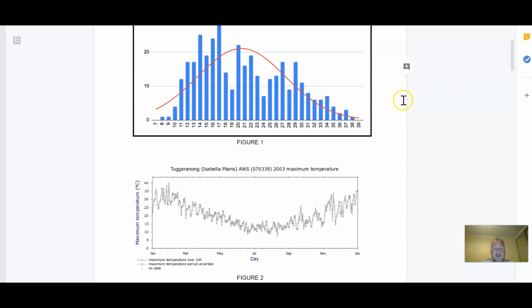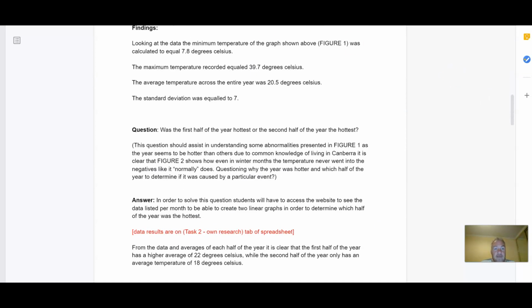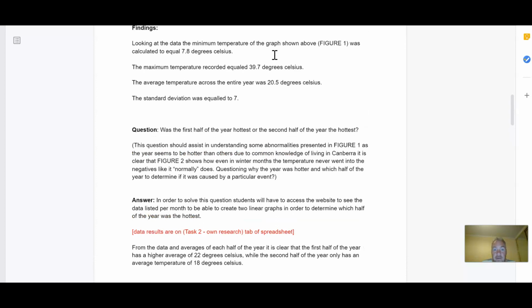Okay, so just going through this, and bear in mind I've read it before for the speed of the video, I thought the graph was very good. It describes accurately what it is. It's got maximum, median, standard deviation, and all those numbers look right.